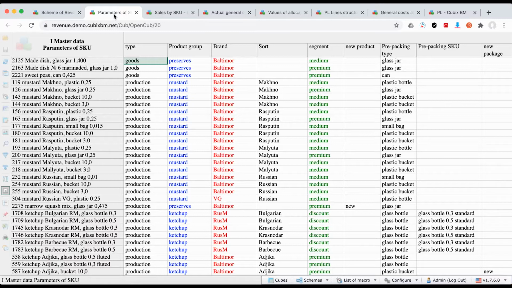And I have to mention that the structure of the SKU directory determines to some extent the structure of the whole analytical space used in our model. After that, the sales data by desired analytical sections and detail levels have to be downloaded or entered by hand.